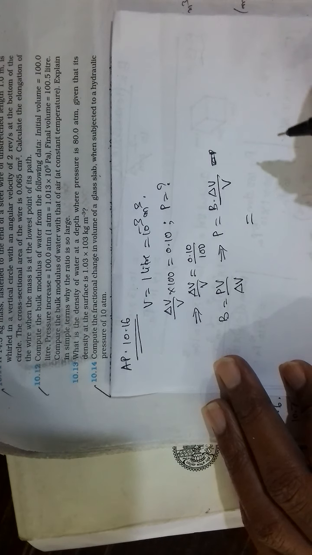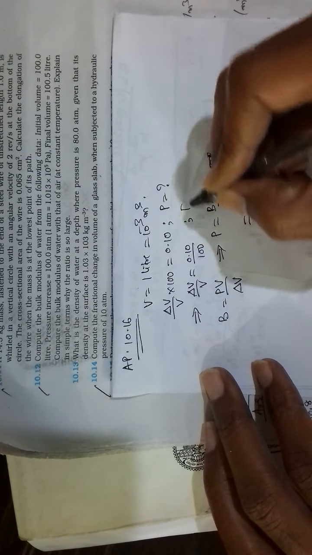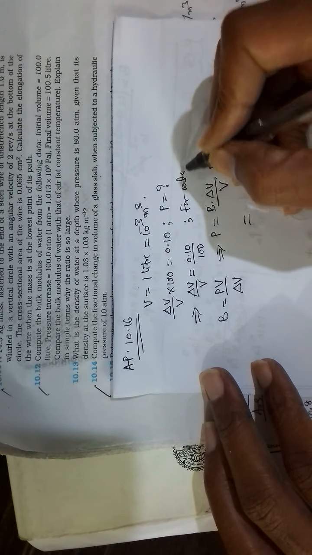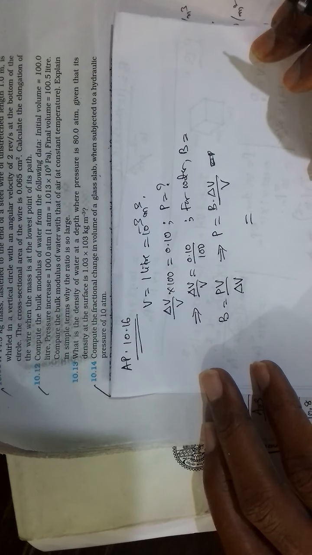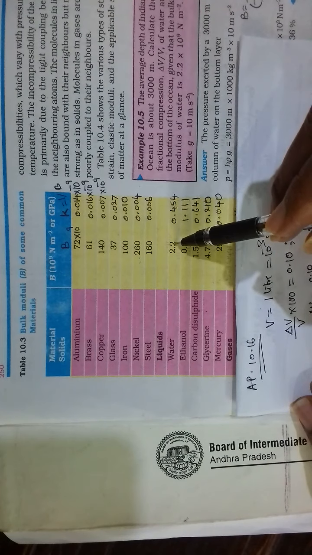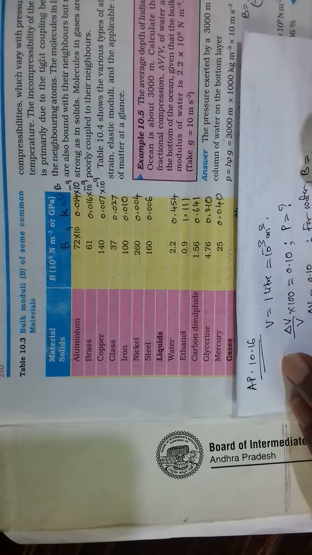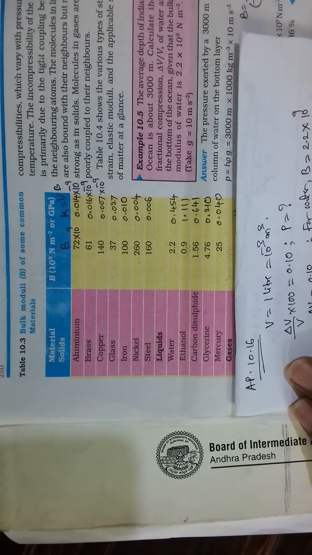For water, how much is the B value? So that is also required. For water, B value, we have to look into the table. Now look into the table. For B value of water, see, for water 2.2 into 10 power 9.